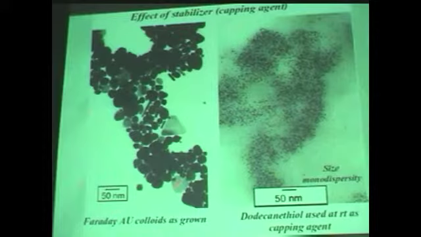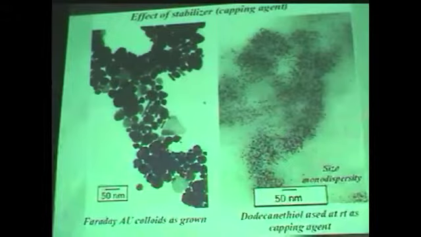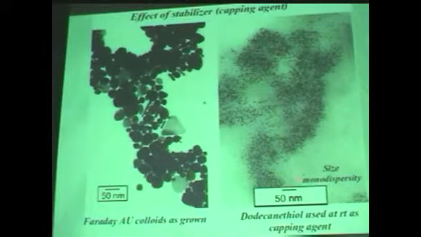You can see that in water we obtain relatively large nanoparticles, not homogeneous in size and in their shape. But in organic solutions we obtain small nanoparticles with narrow size distribution, and those nanoparticles are stabilized here by ligands.